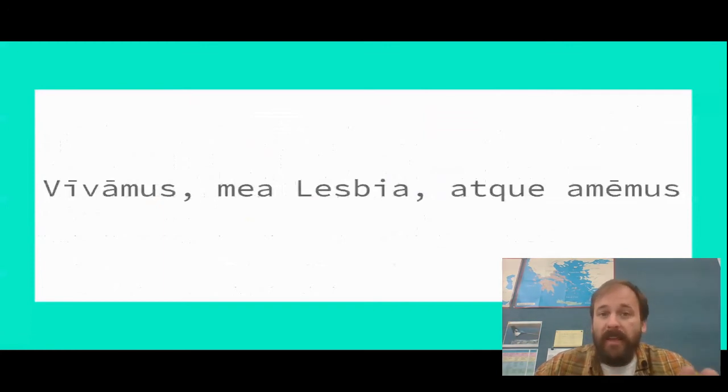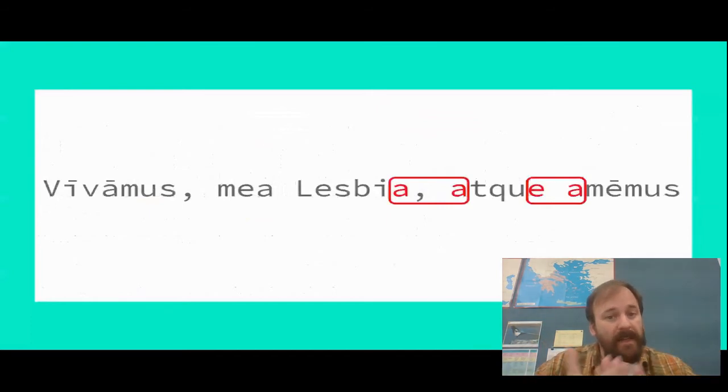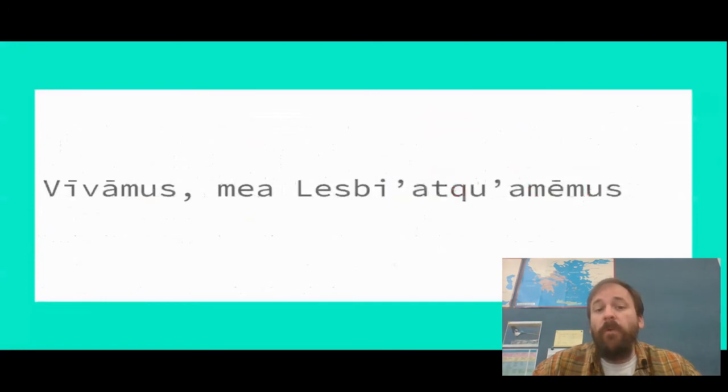We're looking for words that end with a vowel or the nasal M, and words that begin with a vowel or an H. Three words that can elide together. Lesbia and atque can elide together. Atque and amamus meet the requirements for elision. So what's that going to sound like? It's going to sound something like this. Vivamus mea lesbiatquamamus.